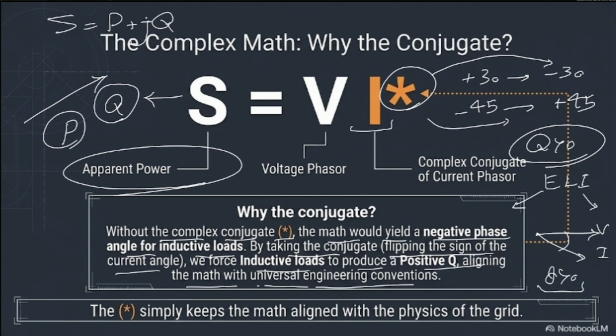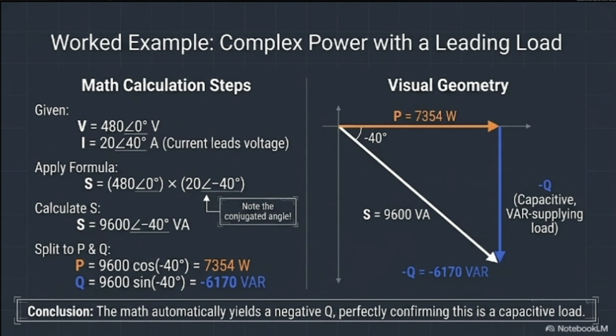But if we simply use V times I itself, our S is going to have the negative Q, which is against the fact that this should be positive. So we use the conjugate in order to make our math just like the real world value itself. There's no other strange reason behind that, but it is something that it would be better to know.